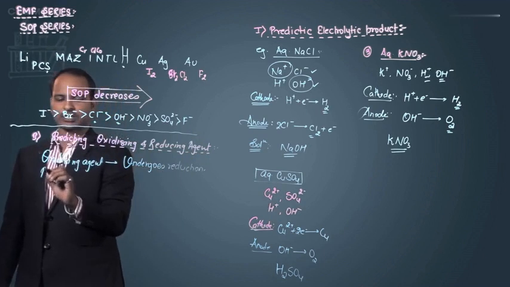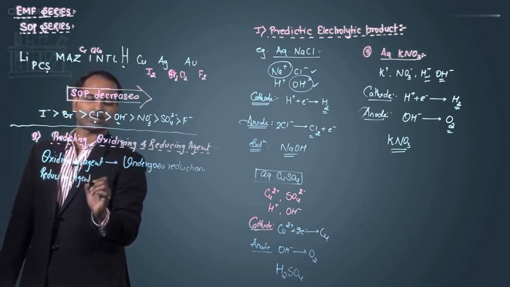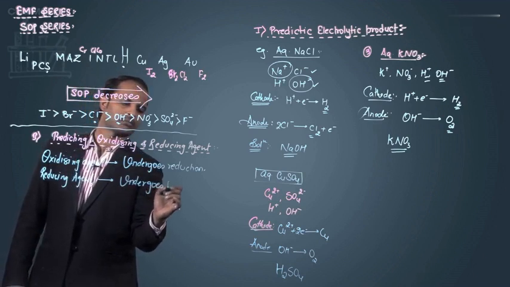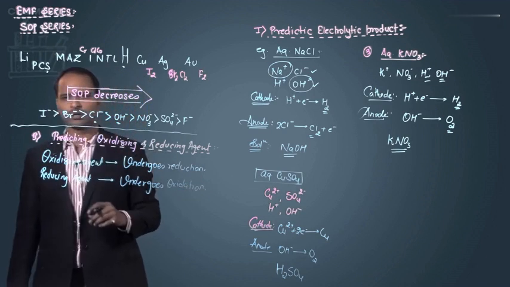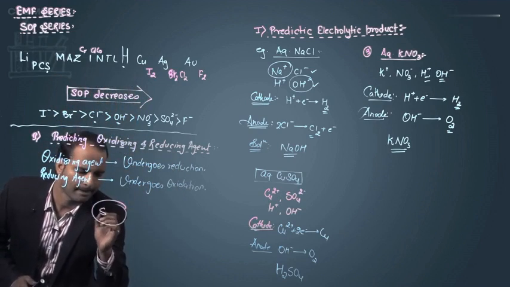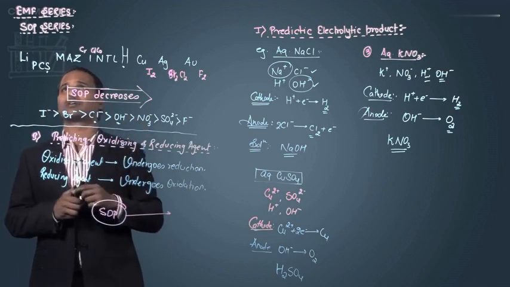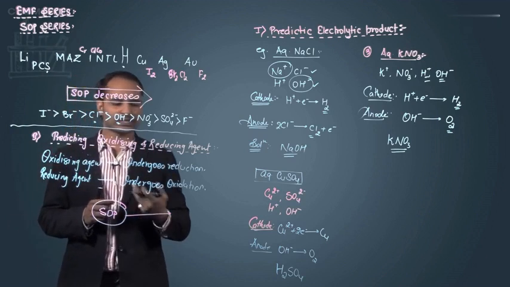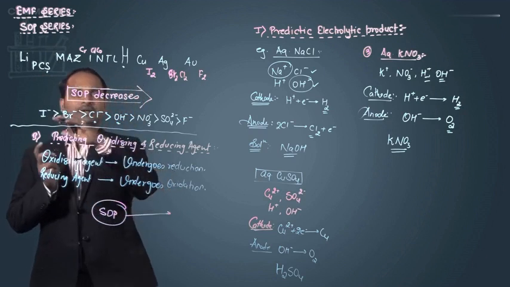And what is a reducing agent? A reducing agent is one which has more tendency to oxidize, that means it undergoes oxidation. Now, in the SRP series, when I am moving from left to right, the oxidation potential decreases, that means SRP increases.